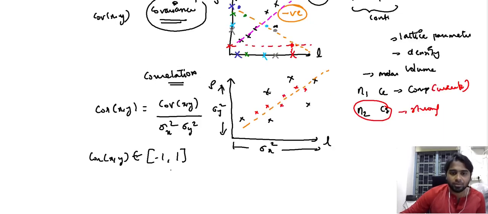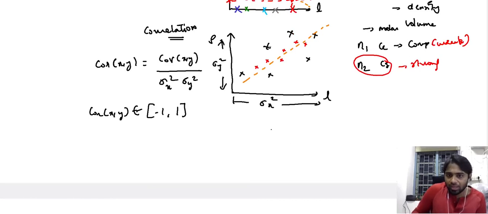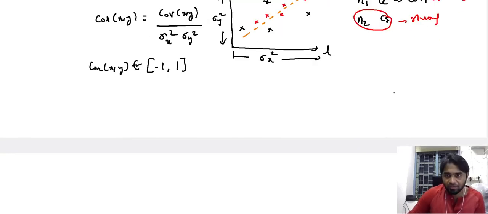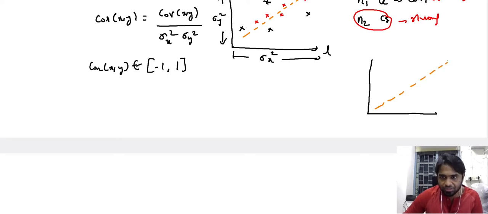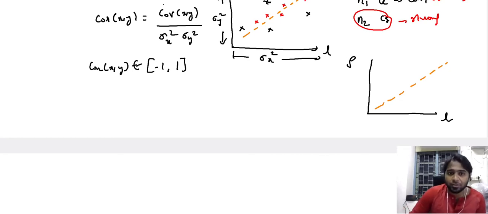So when you have a distribution of data points, where we are treating the lattice parameter and the density as scales placed perpendicular to one another, and we are observing their relation, treating them as a pair, and all these points lie on this line, then what we observe is a strong correlation.